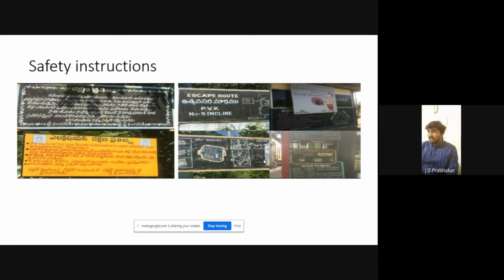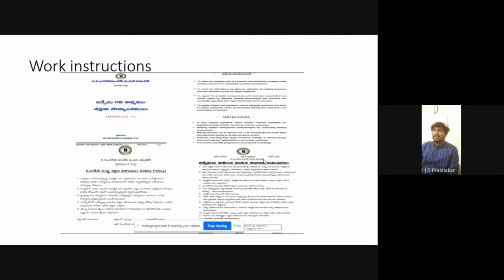And some instructions are represented in images. Also, some work instructions and teaching materials are given in the native languages. On the left side of the screen you see Telugu instructions, and on the right side you see English instructions as well.